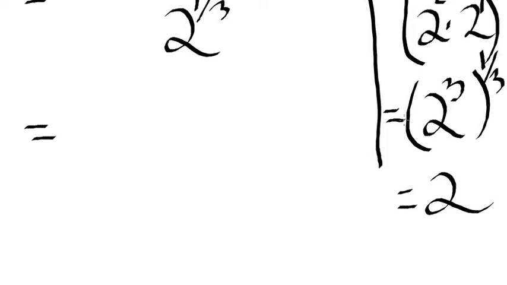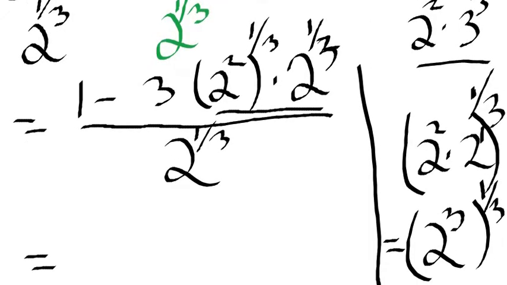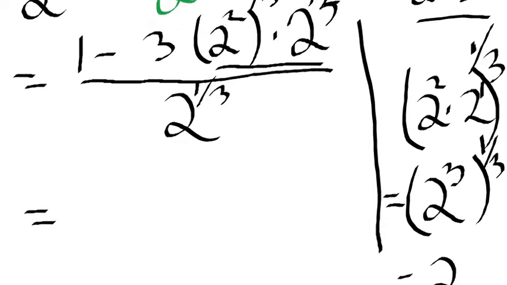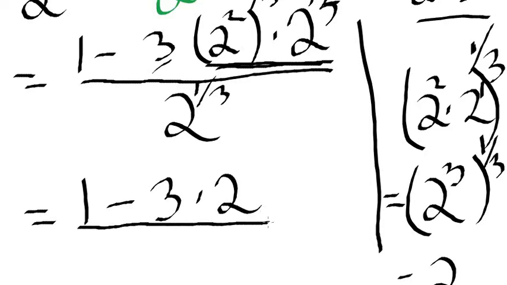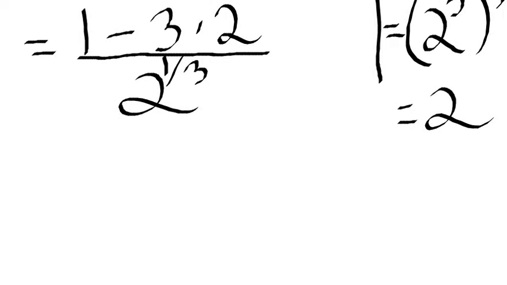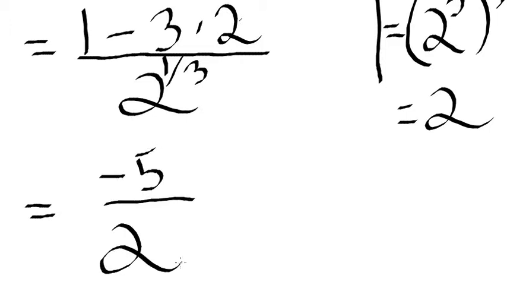So I'm going to rewrite this. 1 minus 3. It's our 3 here, and we said that all reduced down to 2. It's all over 2 to the 3rd. We're getting there eventually. 3 times 2 is 6, so 1 minus 6 is -5. Over 2 to the 3rd.